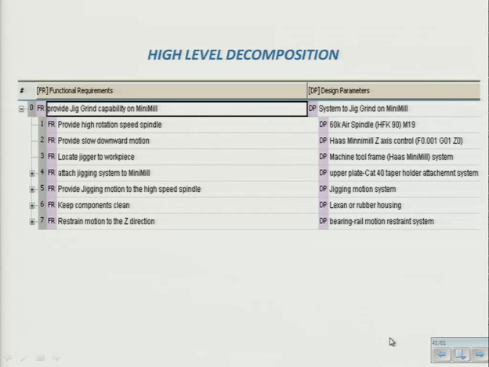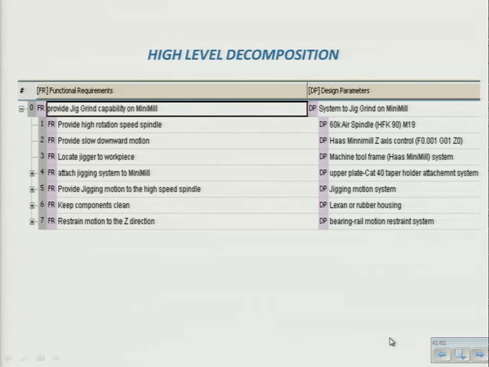So here's just another example of a decomposition. We talked about providing the high rotation speed. So there's the air spindle, downward motion. We can get that with a Haas. Locate the jigger to the workpiece. So we have the machine tool frame, and that is a locating system.